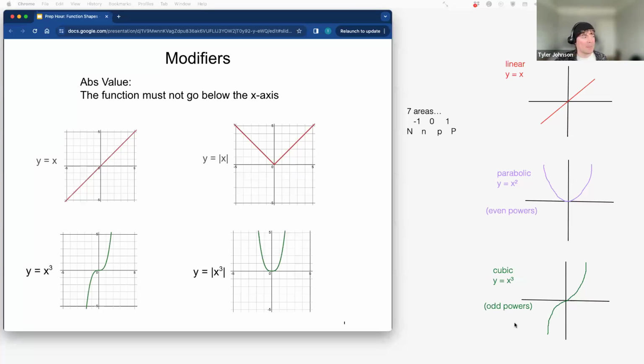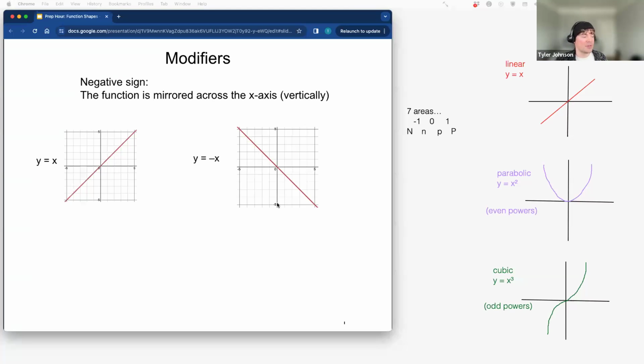Another common modifier is if you introduce a negative to the entire function. What that is going to do is flip everything vertically across the x-axis. And I want to make sure you're conceptualizing this. It's a vertical flip. I know you could conceive of it as being a horizontal flip across the y-axis, but that's just kind of an illusion, right?